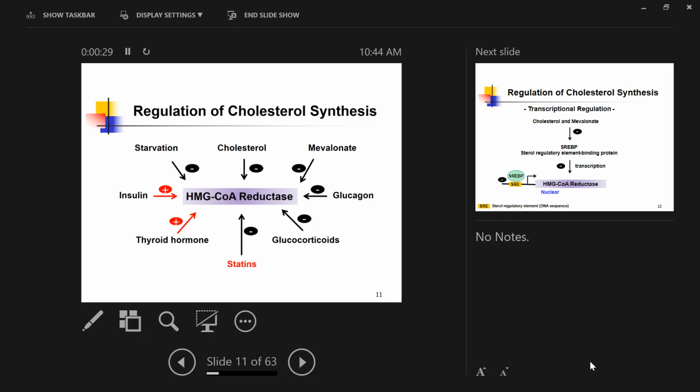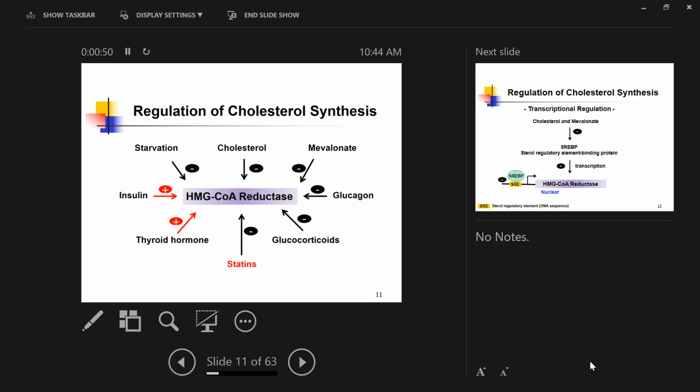So I just wanted to go over the stuff that we discussed last class, and then we're going to start talking about the new stuff, lipoprotein. We'll talk about the cholesterol synthesis.